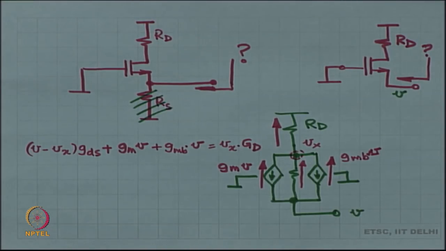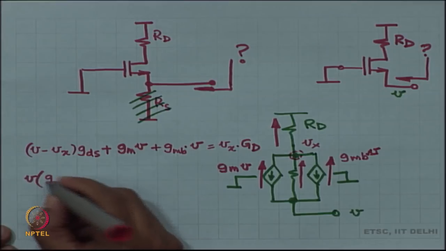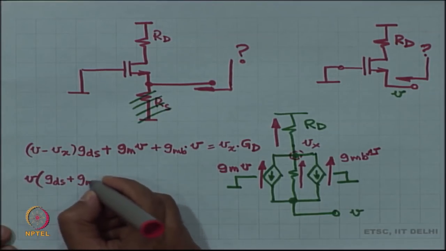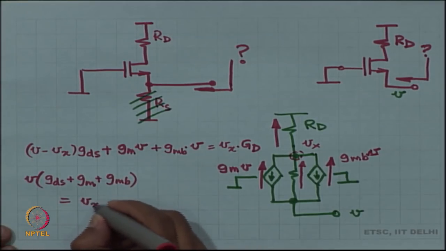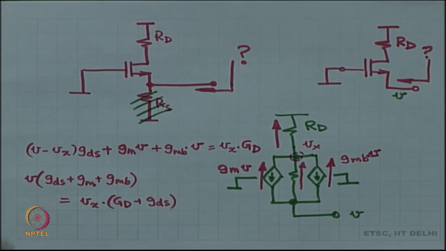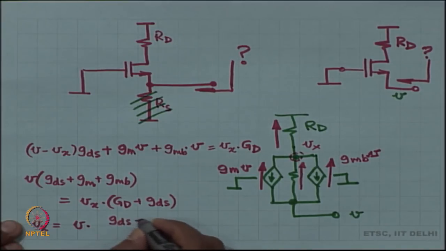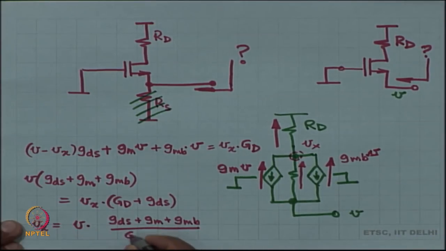And then you put all the Vx's on the same side and the V's on the same side. So, V into (gds plus gm plus gmb) is equal to Vx into (gd plus gds), and this gives you Vx is equal to V times (gds plus gm plus gmb) by (gd plus gds).